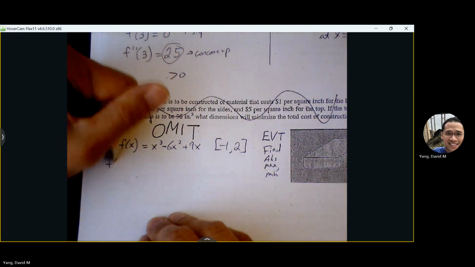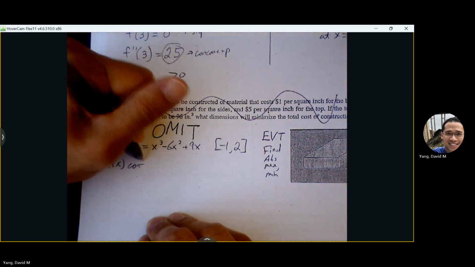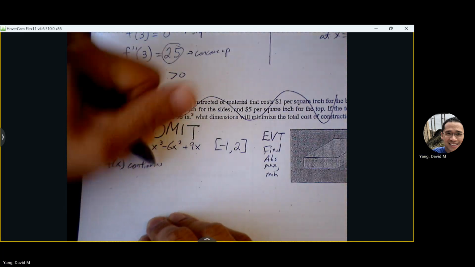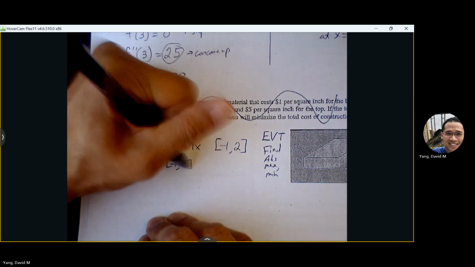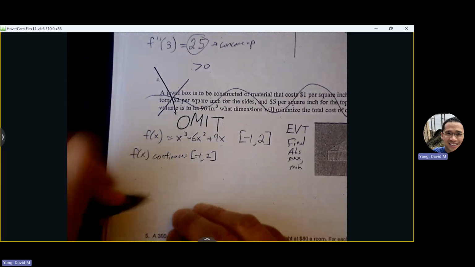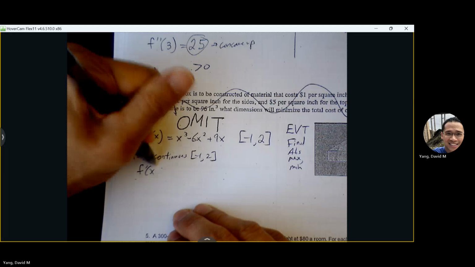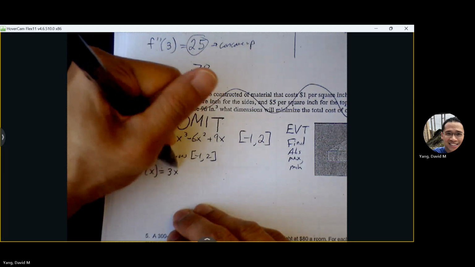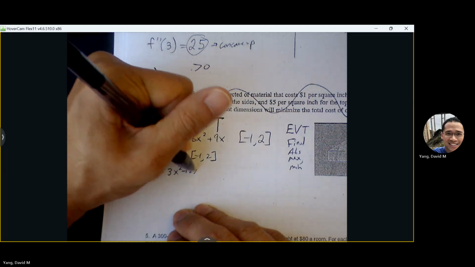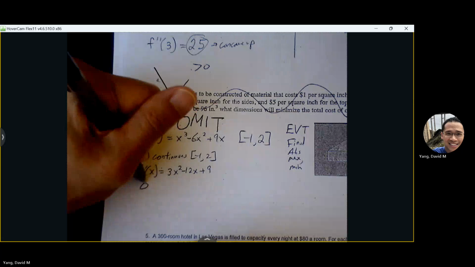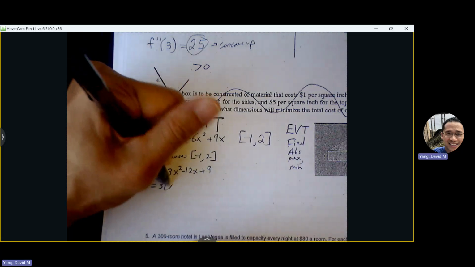Continuous, yeah. Okay, next up, find your critical points. Set equal to 0.